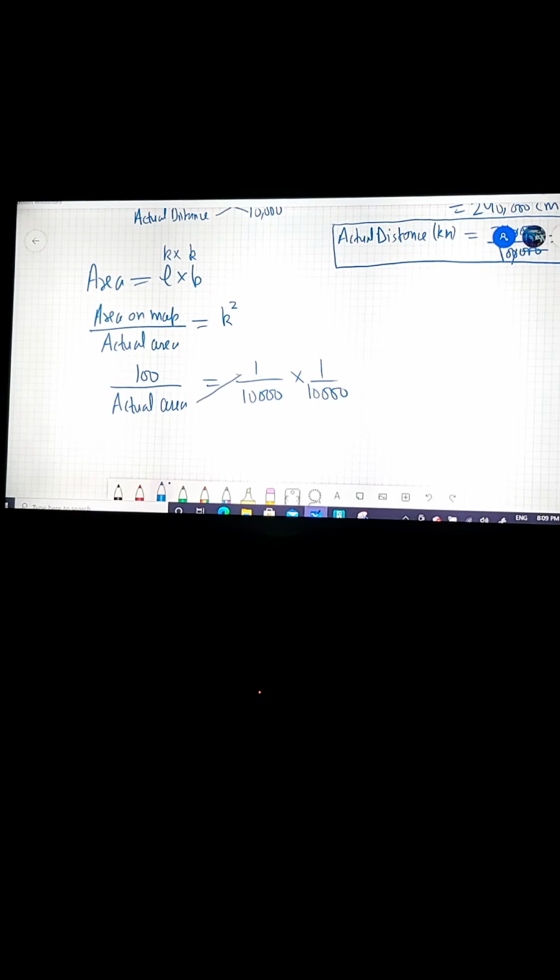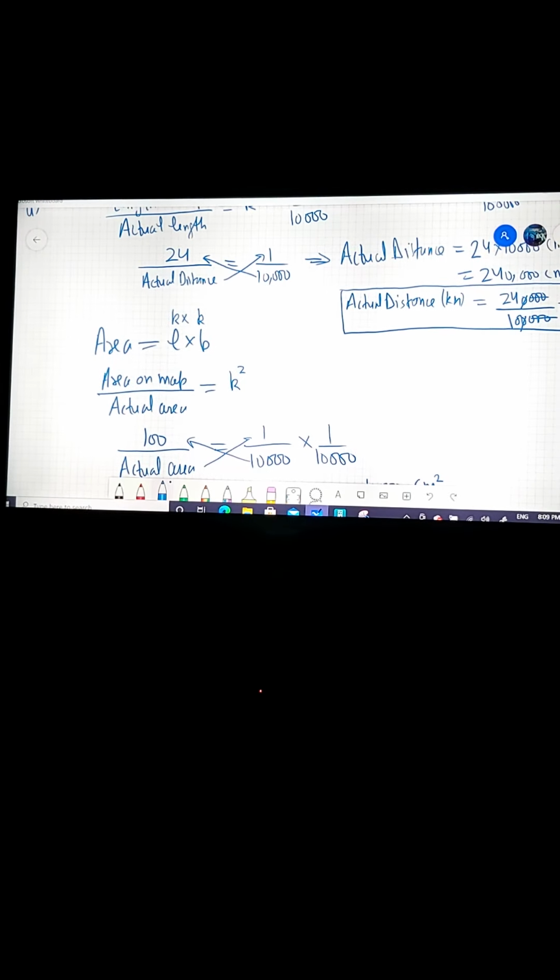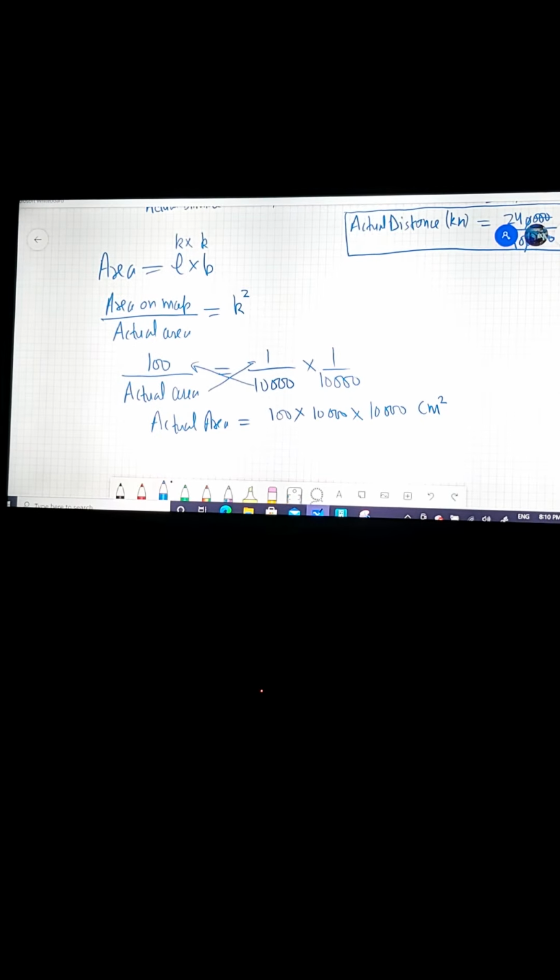Again, we simply do cross multiplication and we find that the actual area equals 100 into 10,000 into 10,000, and this is centimeter square. Why it is centimeter square? Because in the question it says the area on the map is 100 centimeter square, and they are specifically asking us to give the answer in kilometer square.